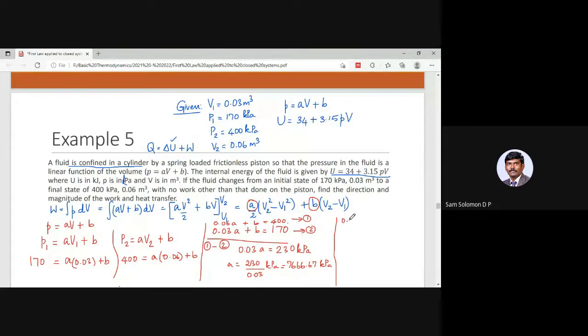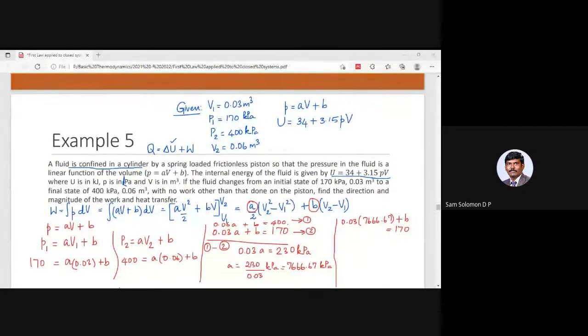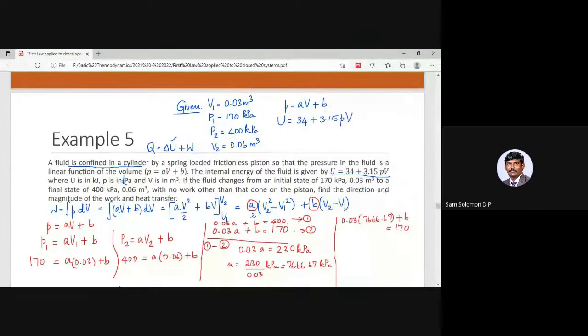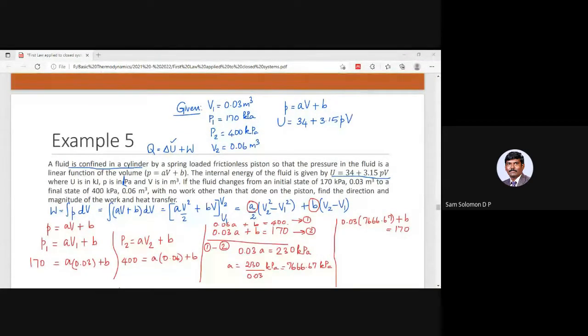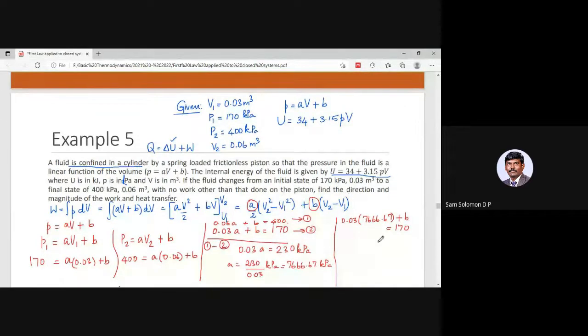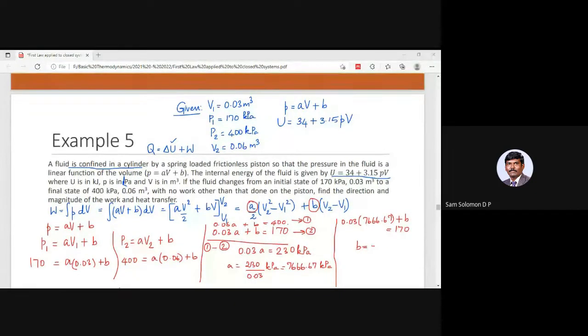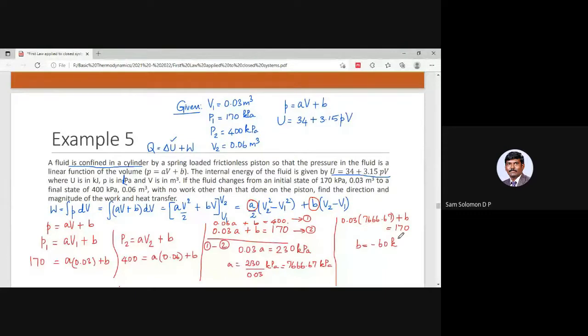So 0.03 times 7,666.67 plus B is equal to 170. This guy multiplied by 0.03 is 230. 170 minus 230 is minus 60. So B is minus 60 kilopascal.